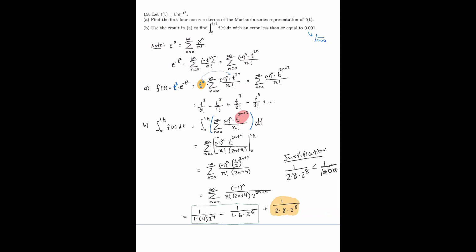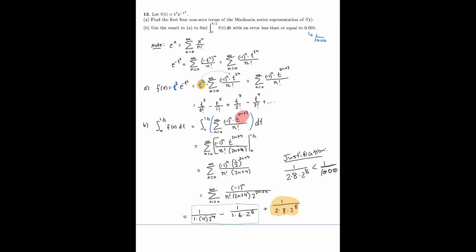Questions about this? So in this case, we didn't need all of the 4 terms from part A. We just needed 3 terms, and in reality, we also needed the first 2 because the third one is actually less than 1/1000 already. So in the test, they will ask you to justify.